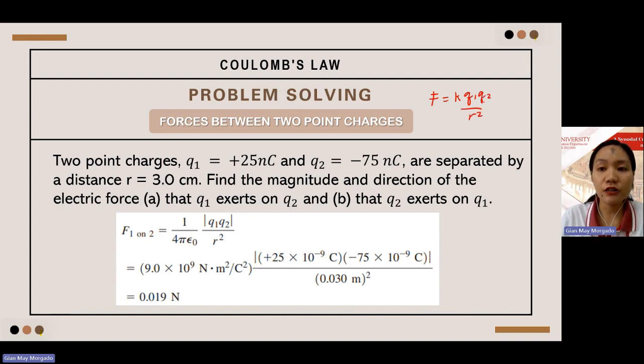What if the unknown is one of the charges? If that is the case, you'll have to derive the equation for the unknown charge. Another case could be that r is the unknown. So derivation is needed.